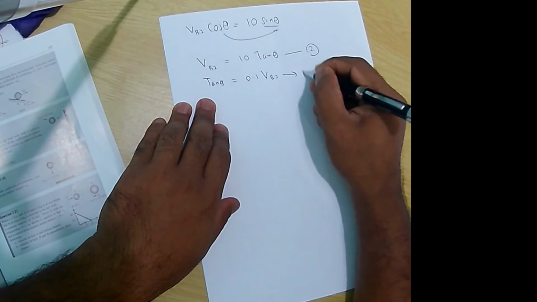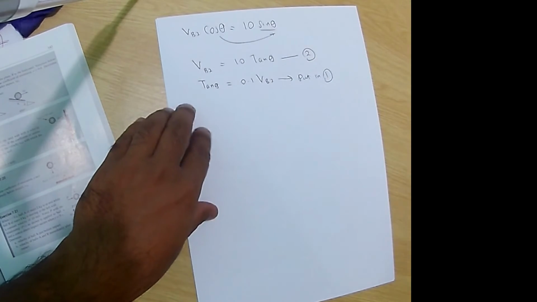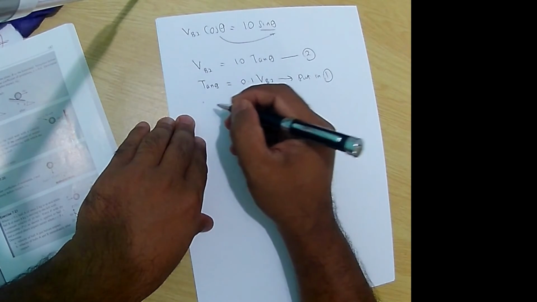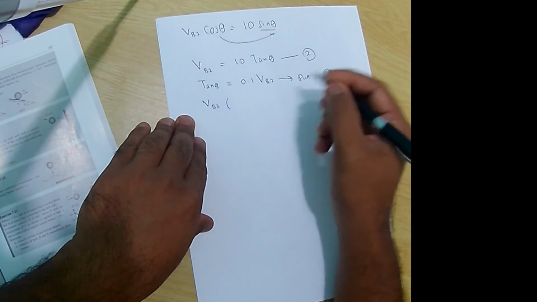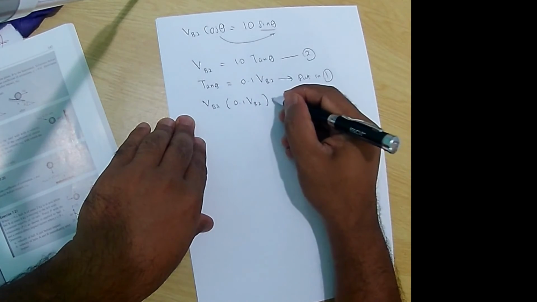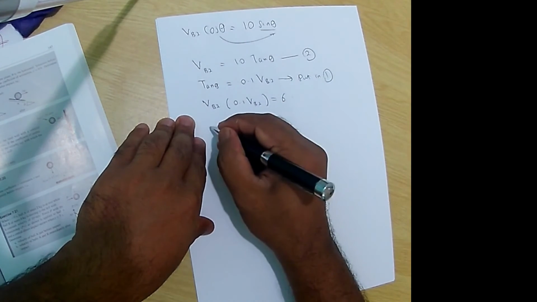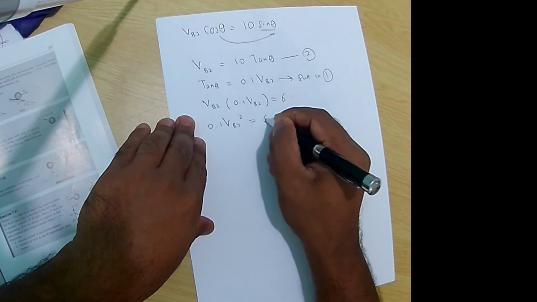Putting this in the first equation, VB2 times 0.1 VB2 equals 6, so 0.1 VB2 squared equals 6.